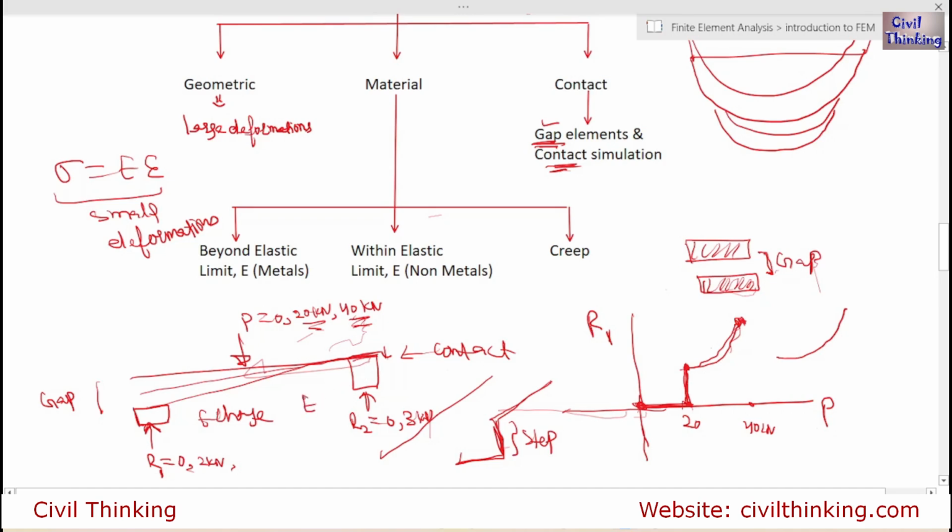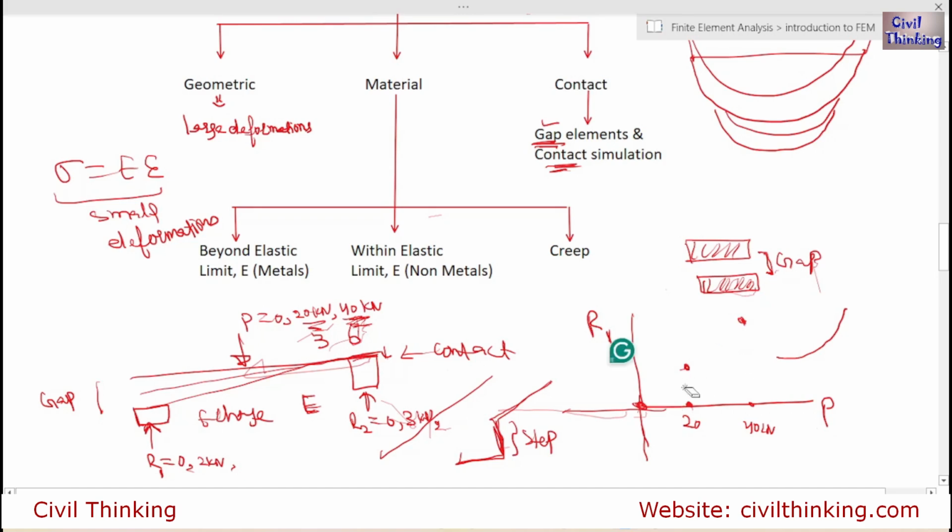When E changes, what is going to happen? The reaction will change, but not proportional to 40. For example, at 20 we had 3, right? Now if it was linear, 40 is double of 20, so it would have also been 6, right? So we would have expected what?